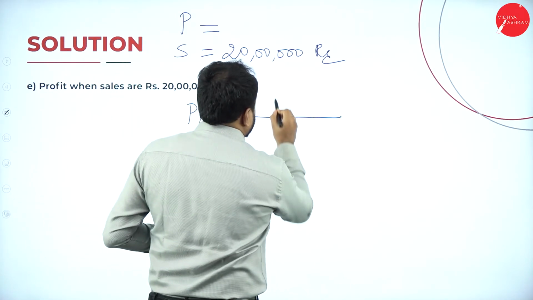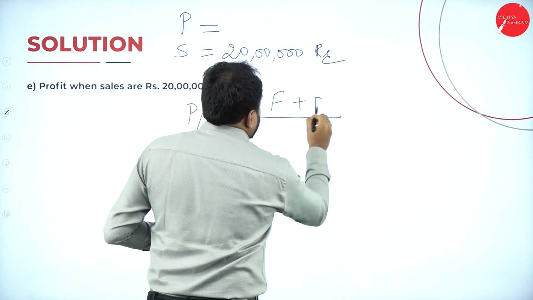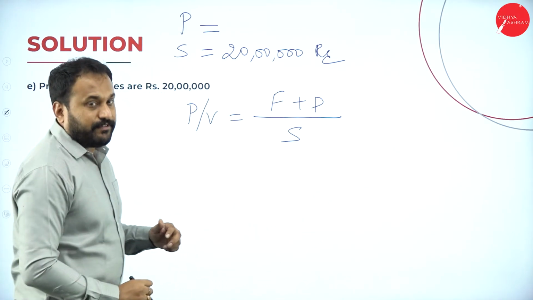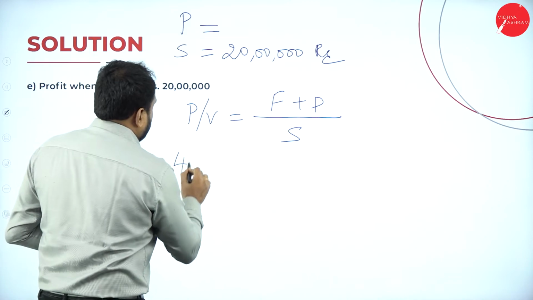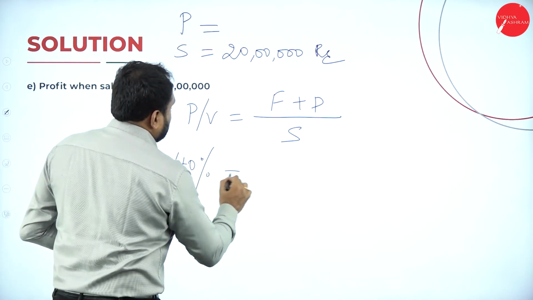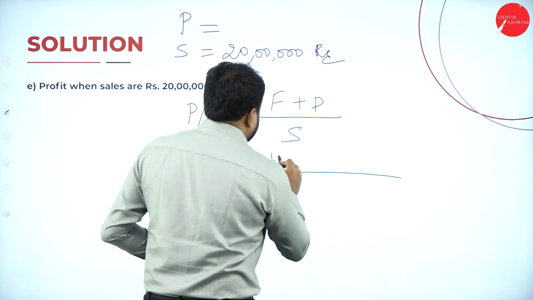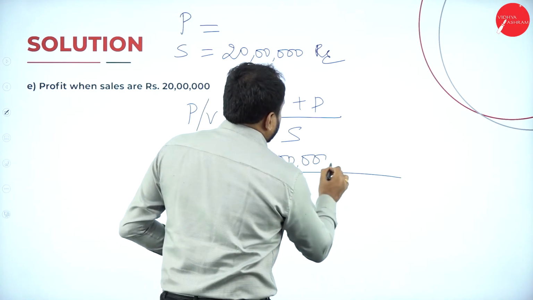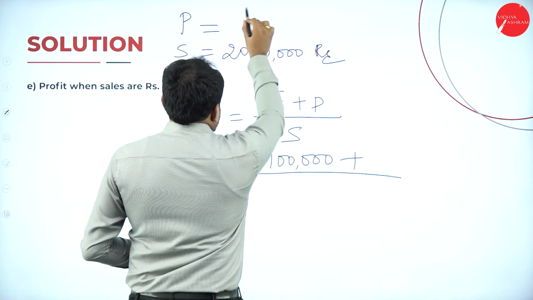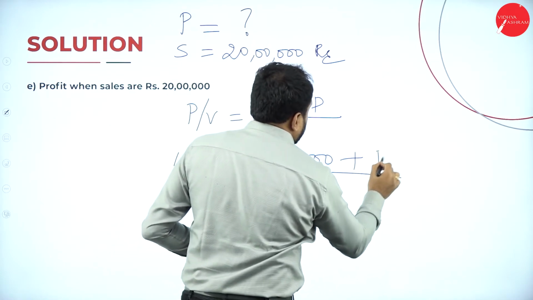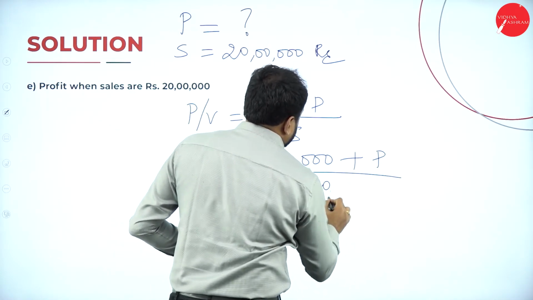PV is equal to F plus P divided by S. PV we already know, it is 40%, equal to fixed cost, which never changes, that is 1 lakh, plus profit, which I need to find, so it is P, divided by sales, 20 lakh.